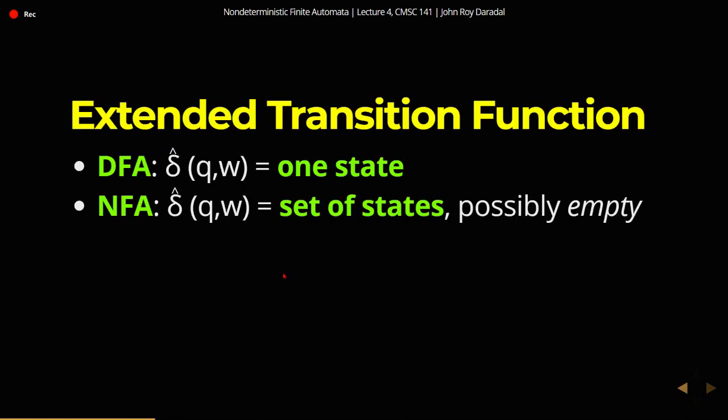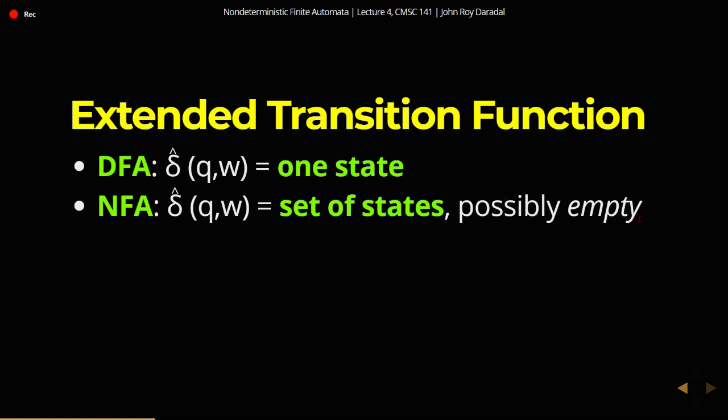So that is the difference between the NFA's transition function and the DFA's transition function. The same is true for the extended transition function delta hat. In the DFA, you map a state and a string to one state for the delta hat. And in the NFA, given a state and a string, it could go to a set of states also, possibly empty again.